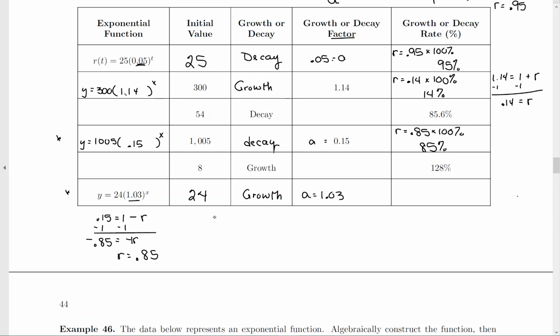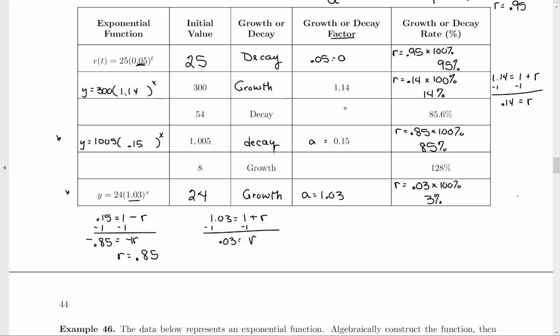So again, plug in the A, and we use the growth, which is the addition formula, to find R. So subtract 1 from both sides. 0.03 equals R. So we come back up here, R equals 0.03, times it by 100%, and we get 3%.